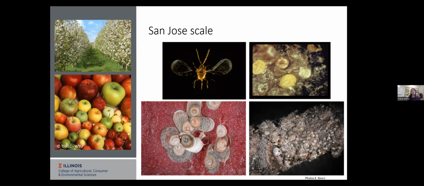And all of these pictures, the two on the bottom are the adult scales on branches, and I think the other one is actually on an apple. And then up top is the nymph before it actually gets covered in the wax. And then there's actually an adult male that is winged up in the upper left, but they're so small you'll probably never see those.